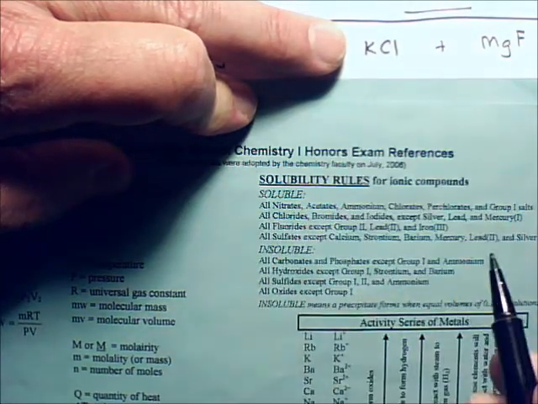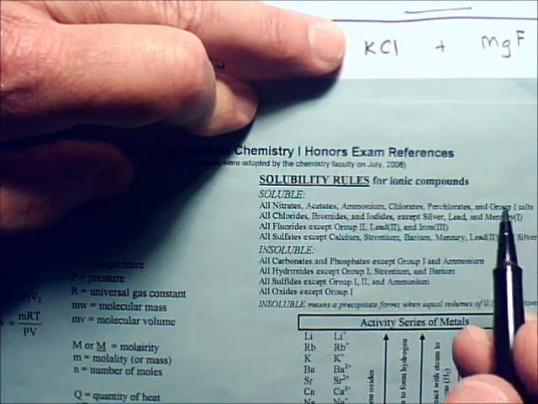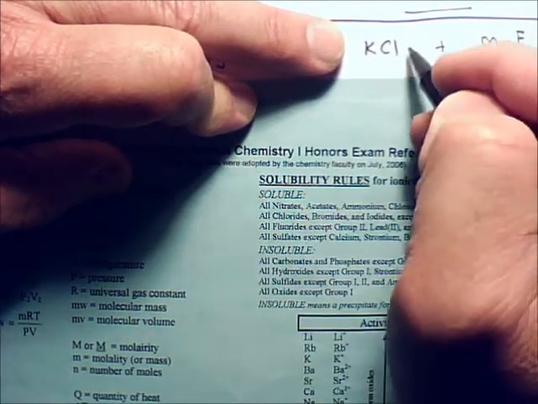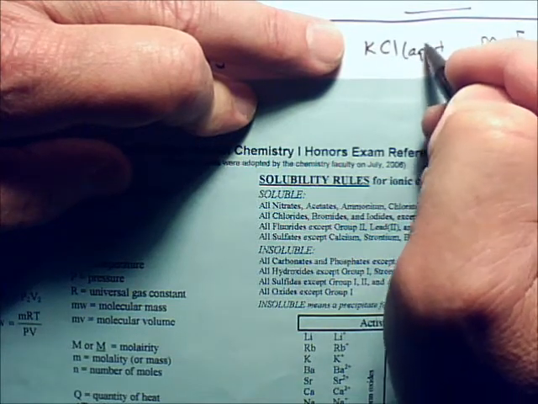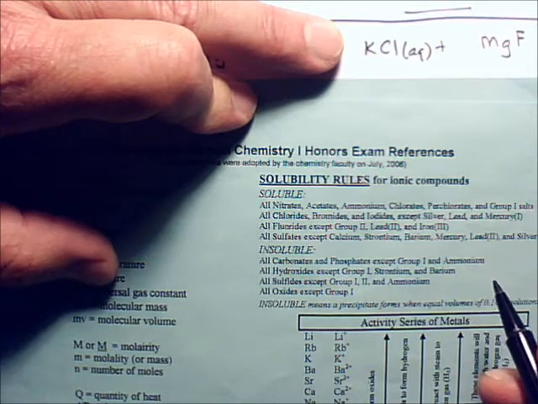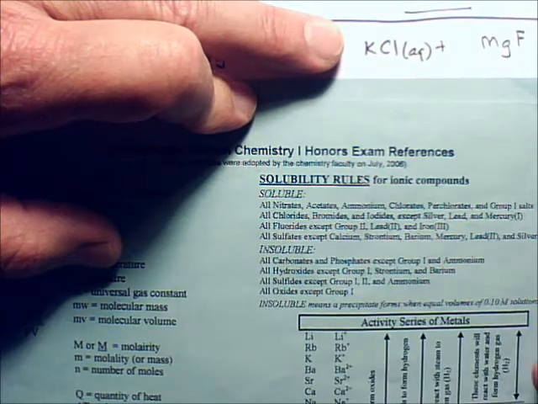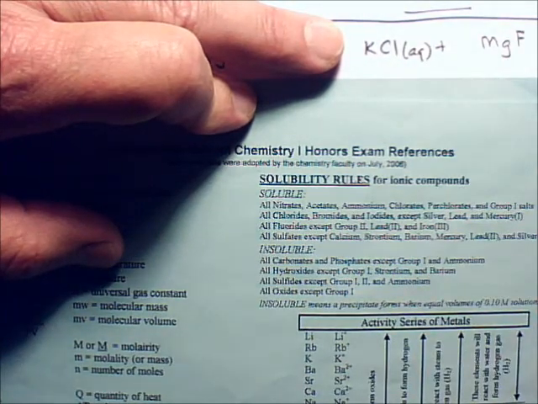Well, potassium is in group 1, isn't it? So anything that has potassium is always going to be soluble, and if it's soluble, it's always going to be aqueous, dissolved in water. Soluble means dissolved in water. Okay? So soluble is what it'll do, aqueous is what it is.